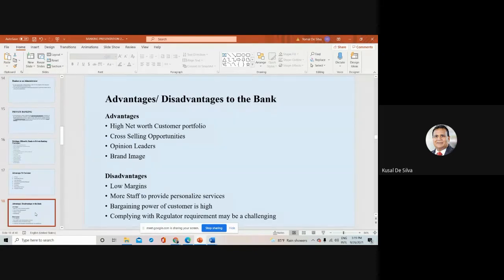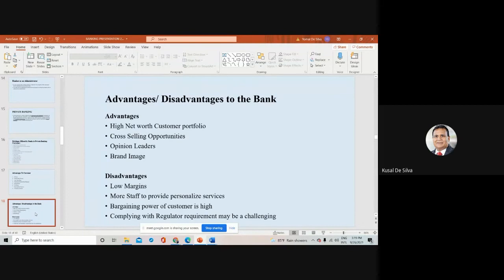And this personality carrying the brand name of that bank is a critical thing as far as the bank is concerned. He will become a kind of brand ambassador for that particular bank. People of that nature fall into this category.